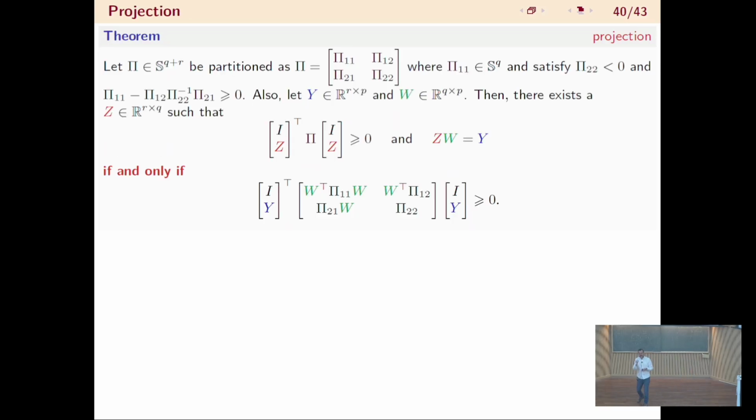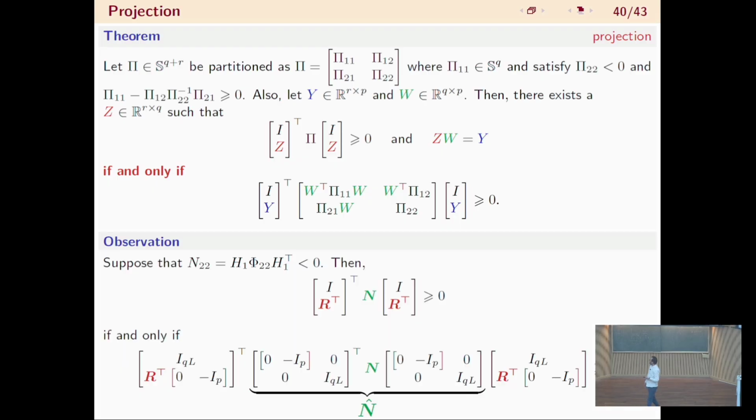But is this point clear? I can convert one QMI together with some equality constraint to another QMI. And that's what I want to do. If I do that, if I assume n22 is less than 0, so I can write this QMI now with this variable.